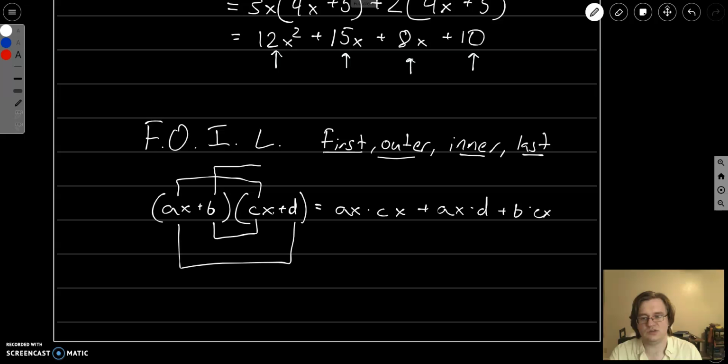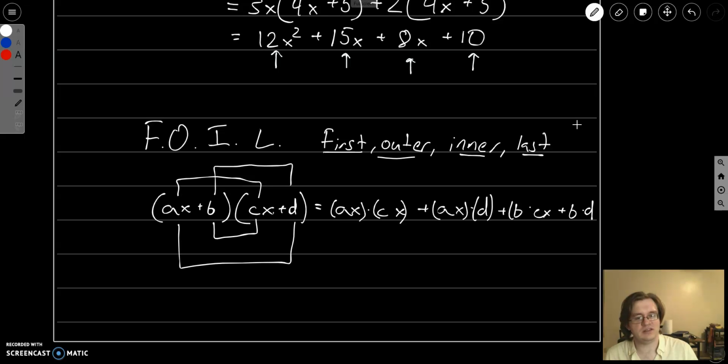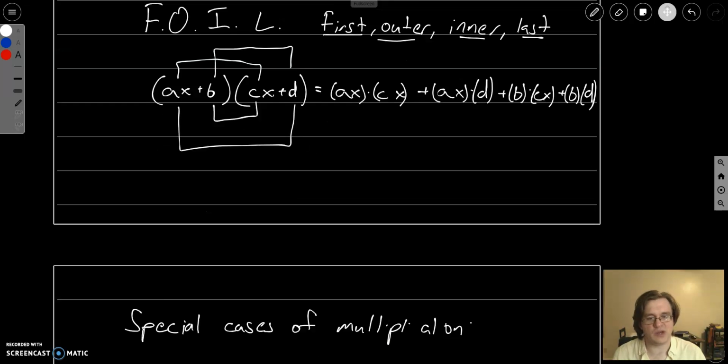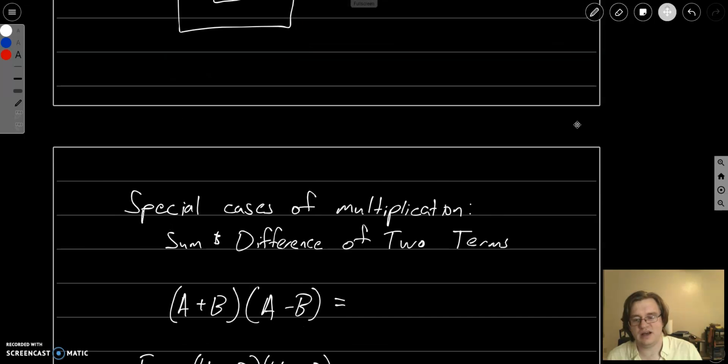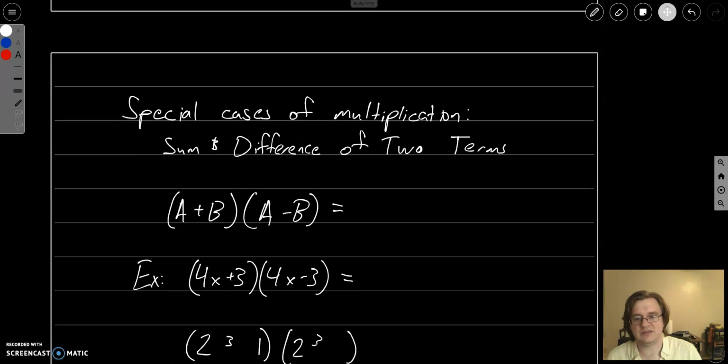So the last 2 terms are b and d. So again, it's just this pattern. It's multiplying the first terms in the binomials, then the outer terms in the binomials, the inner terms in the binomials, and then the last terms in the binomials. And this is just a pattern to help us go a little bit quicker when we're multiplying. So we can use this pattern to help us in some specific situations.